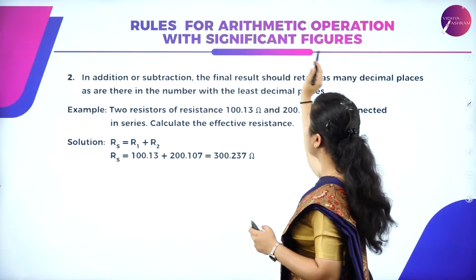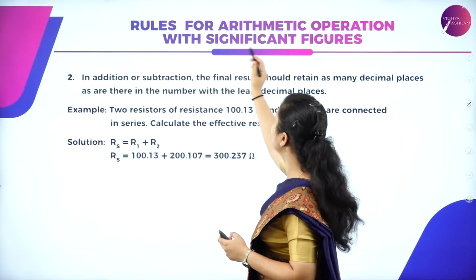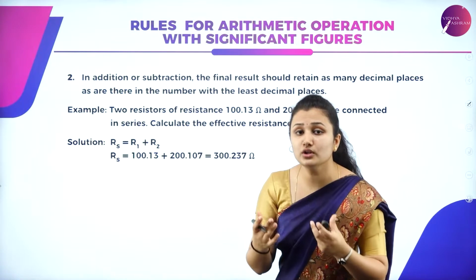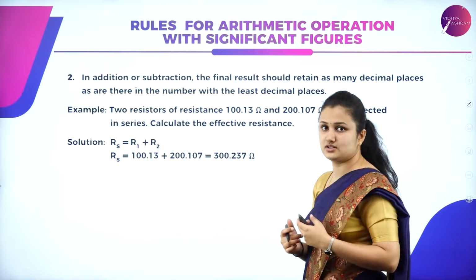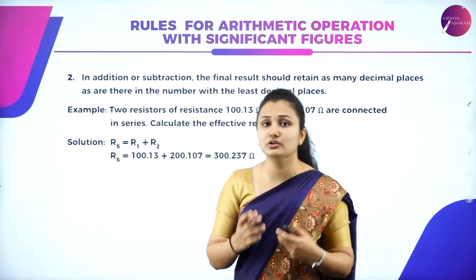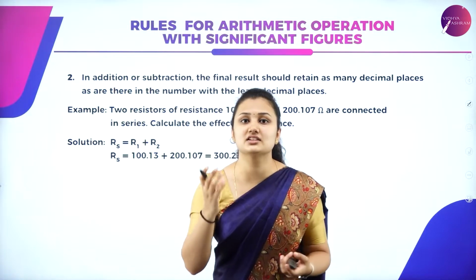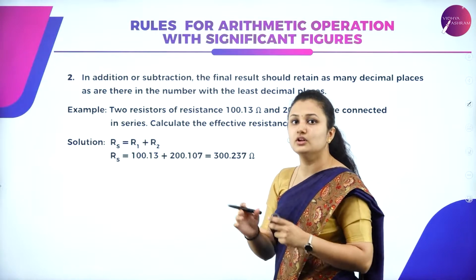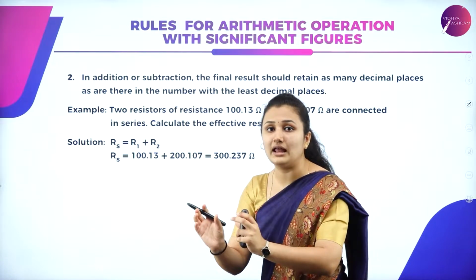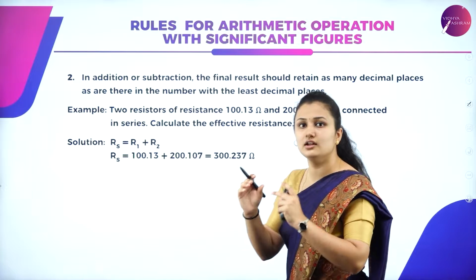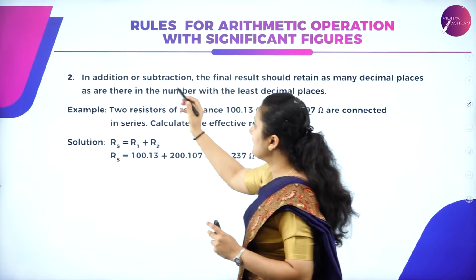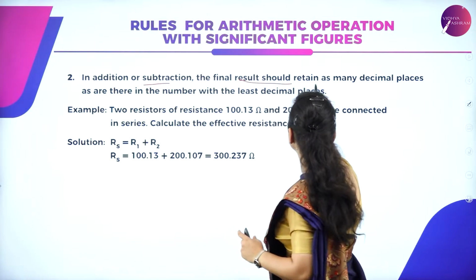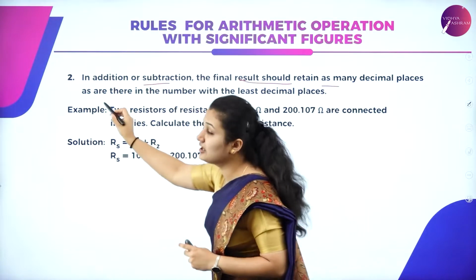Now, the rules for arithmetic operations with significant figures. When you have addition and subtraction, what is the rule you follow for significant figures? Multiplication and division you got to know: you should write the least significant figures that you have among the two original values. In addition or subtraction, the final result should retain as many decimal places as are there in the number with the least decimal places.